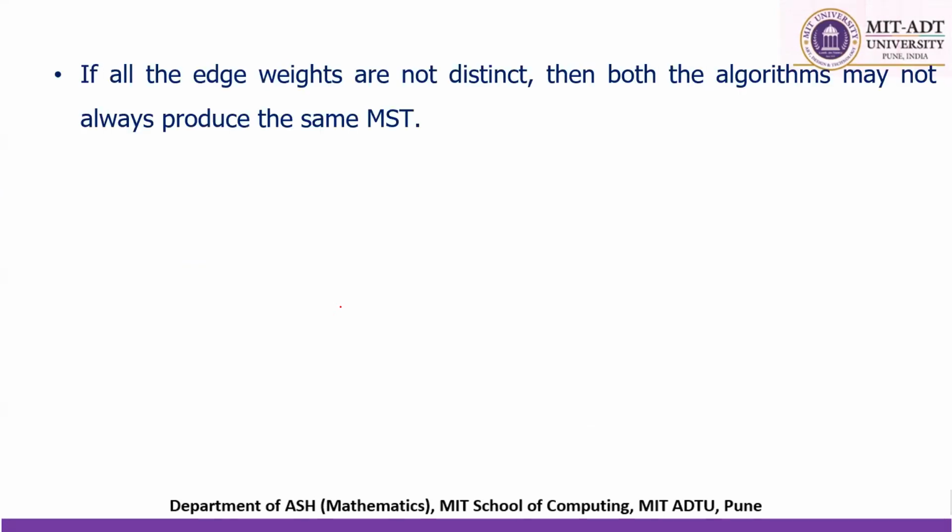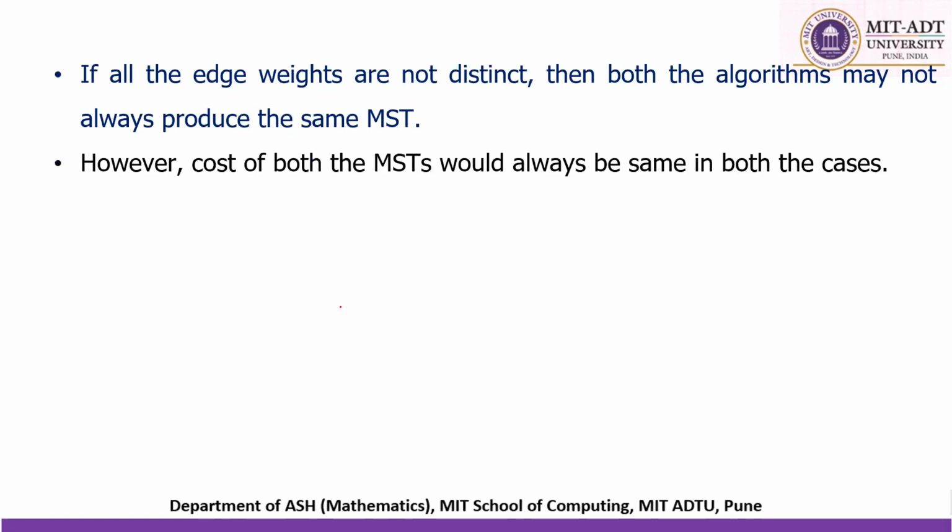If all the edge weights are not distinct, then both algorithms may not always produce the same MST. However, the cost of both MSTs would always be the same in both cases.